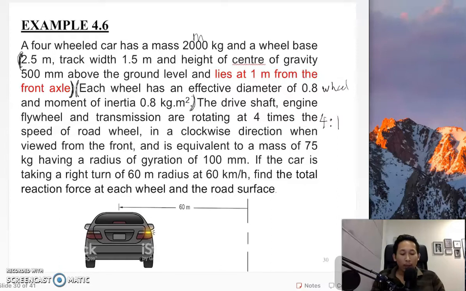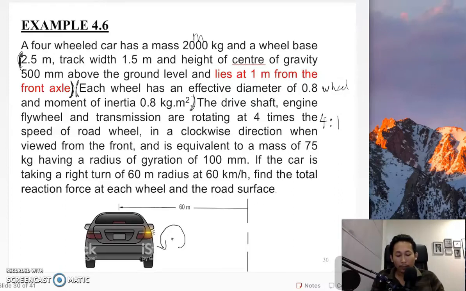In a clockwise direction when viewed from the front. So when viewed from the front it is clockwise direction, and from the back it is anti-clockwise direction.